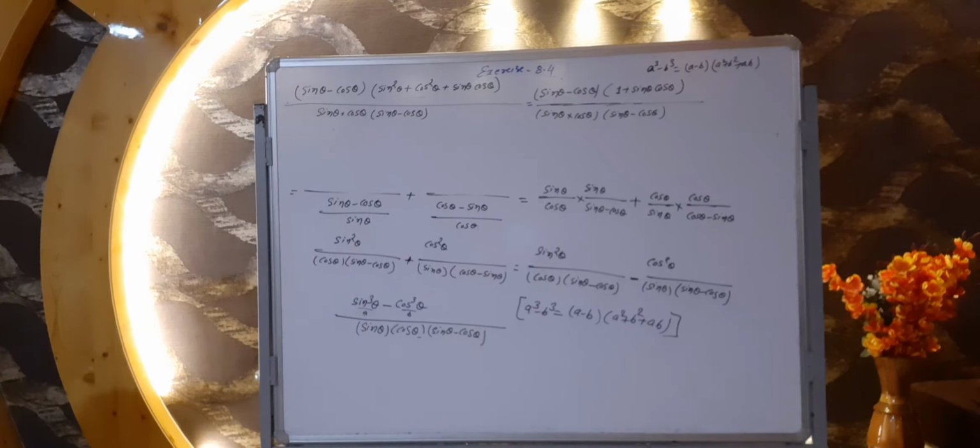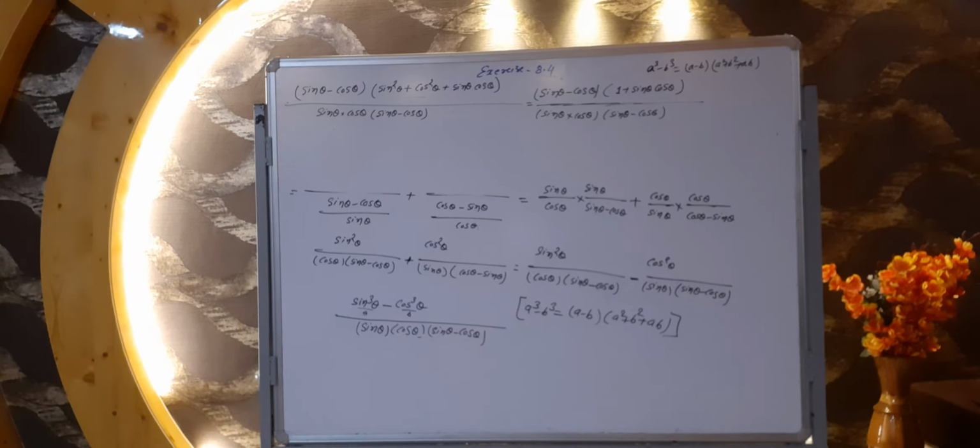Okay. Now see in the question what we have to prove. As per that we have to apply the next planning. In this particular question, we have to prove the LHS side equals 1 plus sec theta and cosec theta.